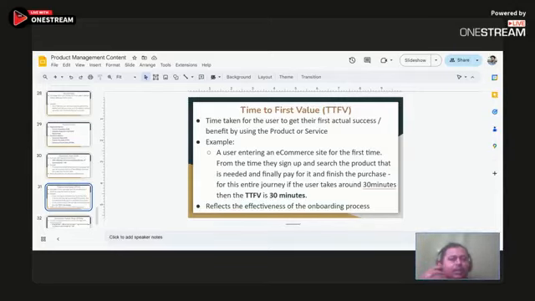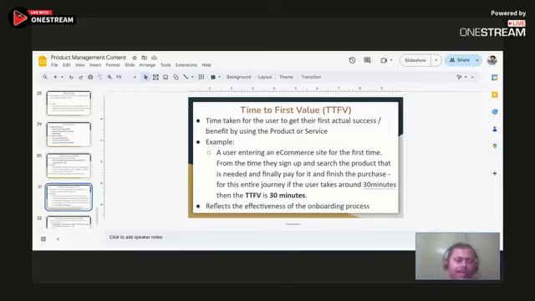For example, there are lots of products out there in the market, so say I'm taking an example of an e-commerce site. As a user, I come into an e-commerce site and sign up, then start exploring the products, and I choose the product I want to purchase, and by the time I finish the payment and close the deal, I have purchased the product finally.